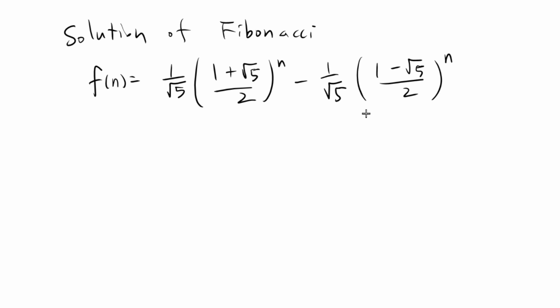So that's somewhat interesting. And I hope that this example gave you an idea of how to tackle all the cases of constant coefficient linear difference equations, where the two solutions are real and distinct.